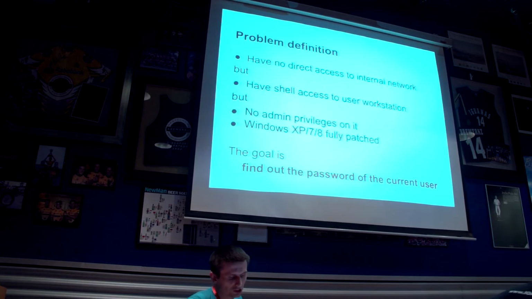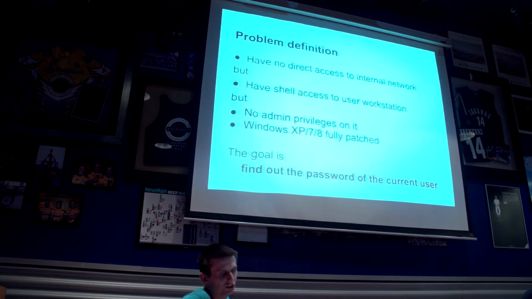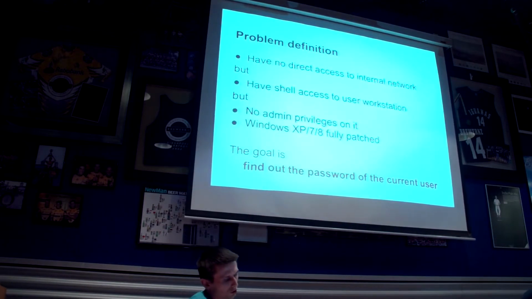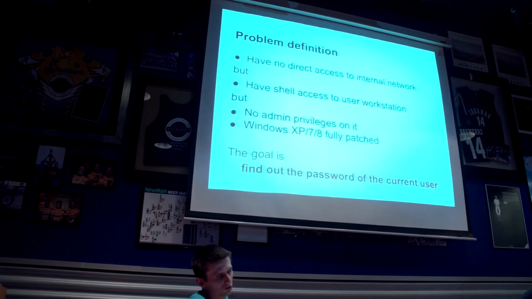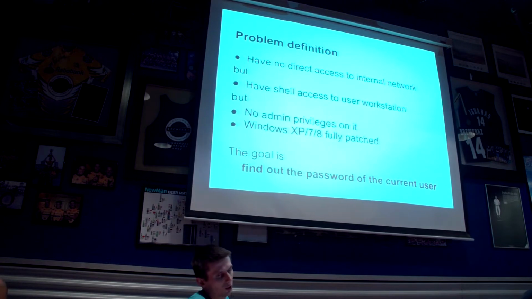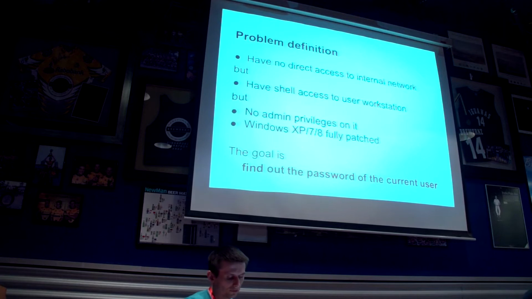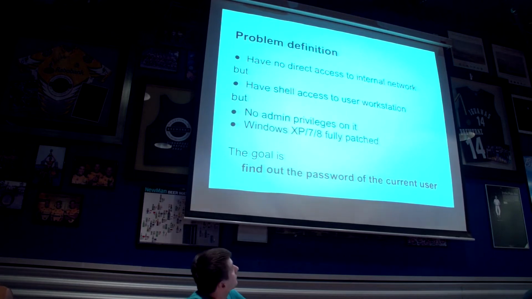So the problem definition is the following. Let's imagine you are performing a penetration test, and one of its stages is social engineering, and you try to trick users to execute your payload or browse to your favorite link and use your exploit kit to somehow execute your code on the side of the user.